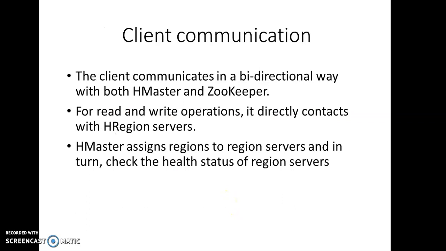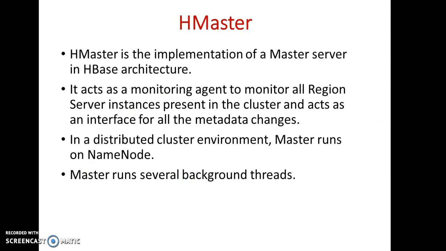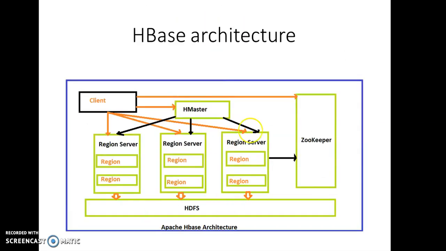Then client communication. In the HBase architecture, the client communicates in a bi-directional way, that is, it communicates with both HMaster and ZooKeeper. For read and write operations, it directly contacts the region server.